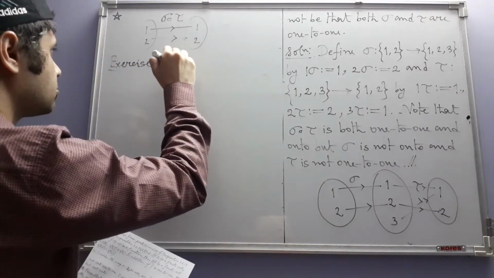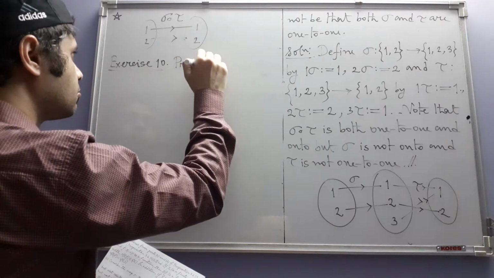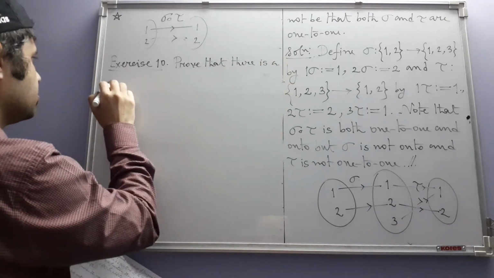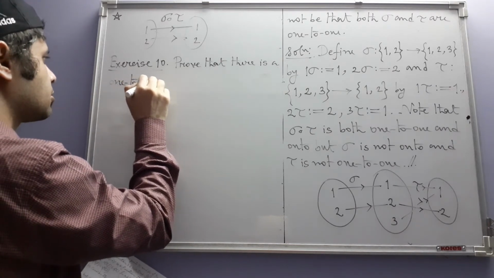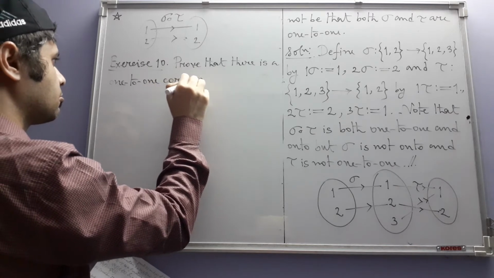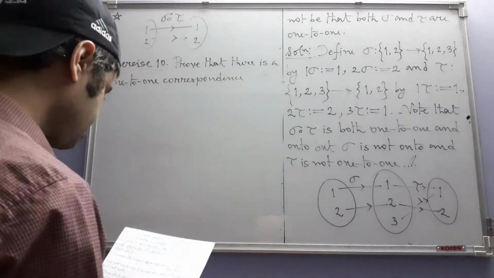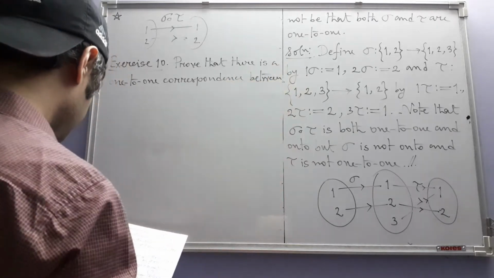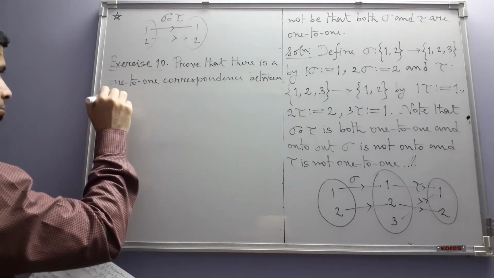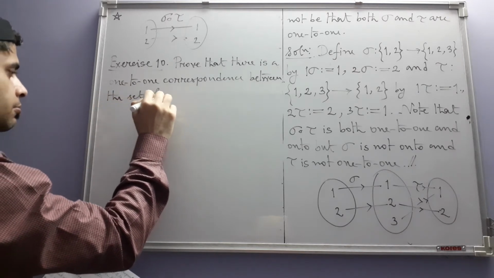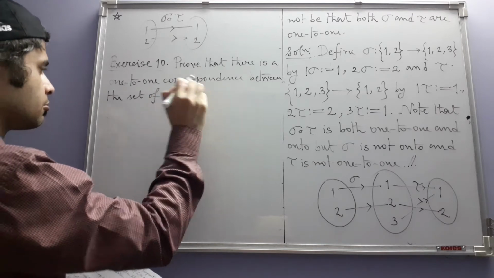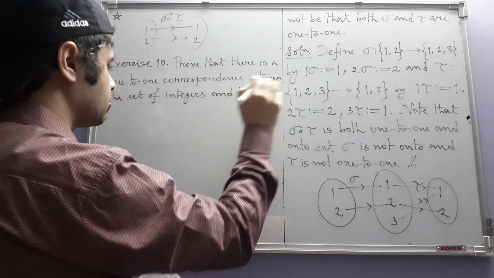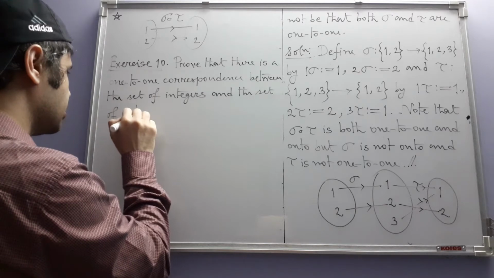Prove that there is a one-to-one correspondence between the set of integers and the set of rational numbers.